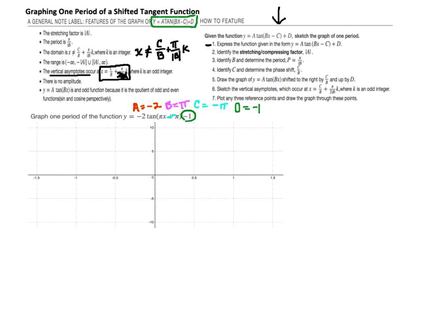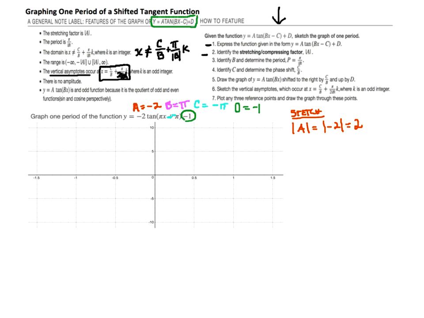Okay, we've expressed the function. We've identified a, b, c, and d. Identify the stretch factor. Okay, so the absolute value of a, my stretch factor. I'm just going to write stretch. The absolute value of a, which in this case is the absolute value of negative 2, which is 2. All right. Now we want to identify b and determine the period, pi over the absolute value of b.